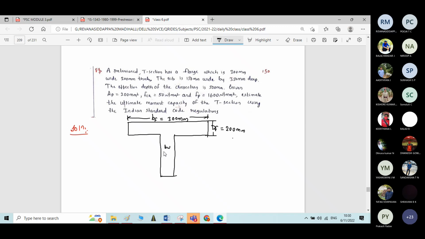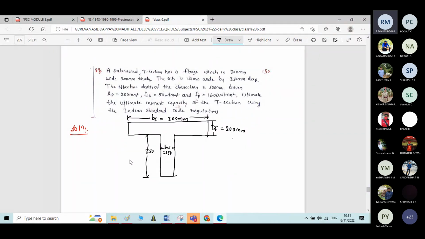Bw is equal to 150 and depth, how much it is? Sorry, 350 mm depth.